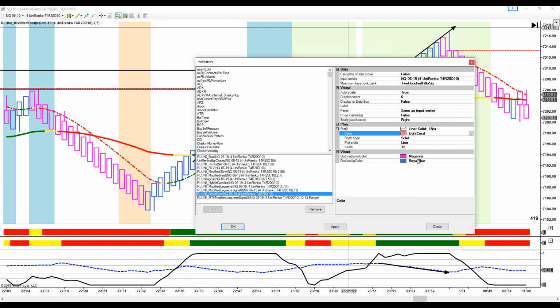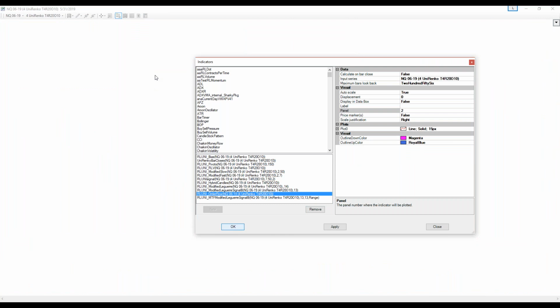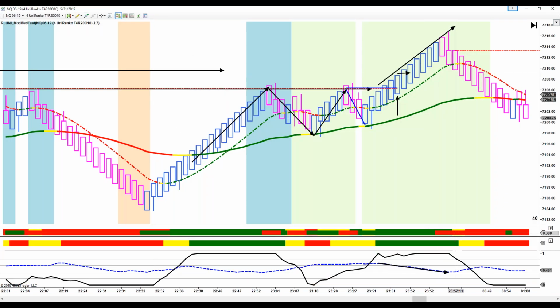And just to show you really quickly, it's going to screw up the chart for a second. But if you want to make it any color you like, I'll leave it at 15. And you want to put it into panel 2. It's sitting in the same, but you can see that thinner line.